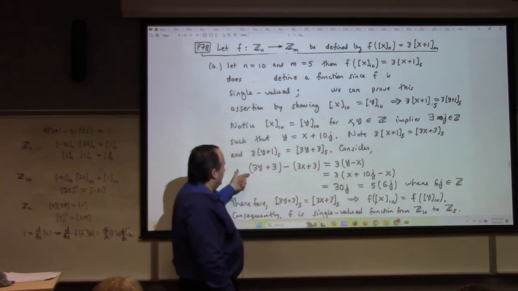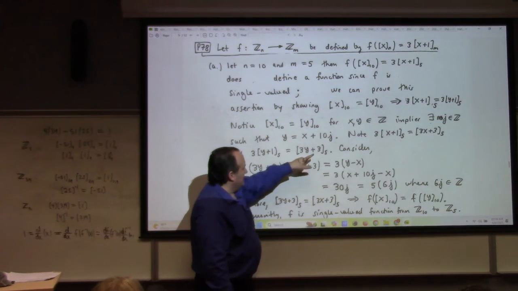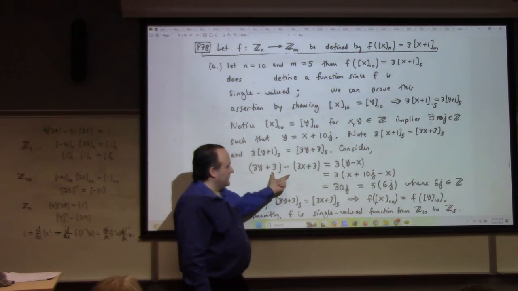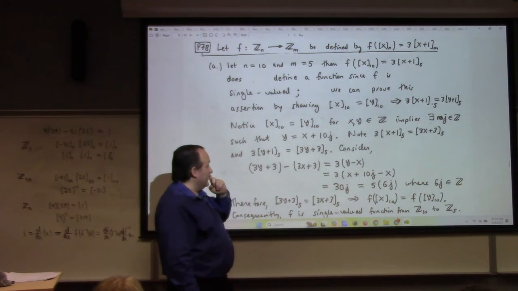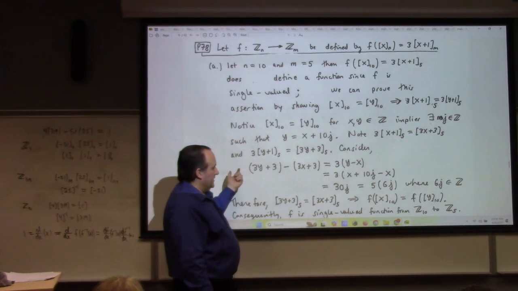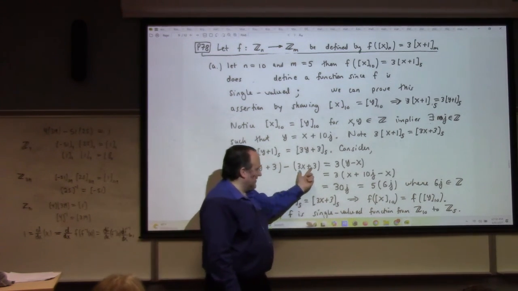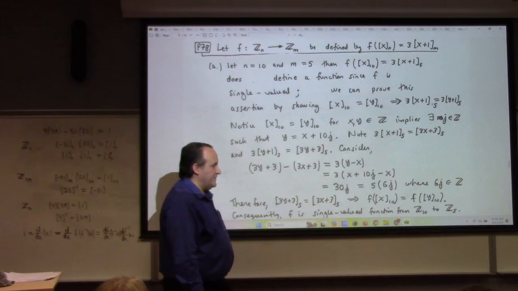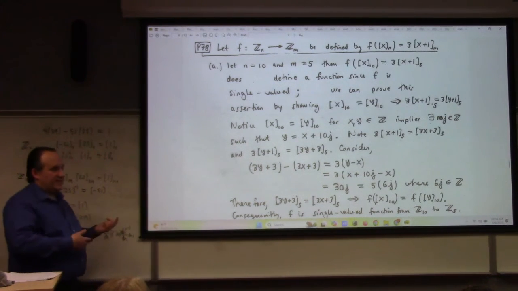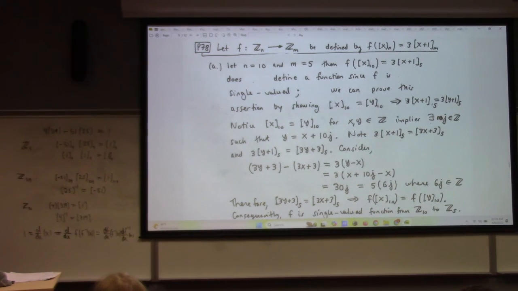So what does it mean for this and that to be equal? It means that their difference has to be a multiple of what? Of 5. So when I work the difference out, I get 30j, which I can rewrite as 5 times 6j, which is tantamount to saying that, indeed, for different choices of representative, we get the same output. This proves it's single-valued, right?